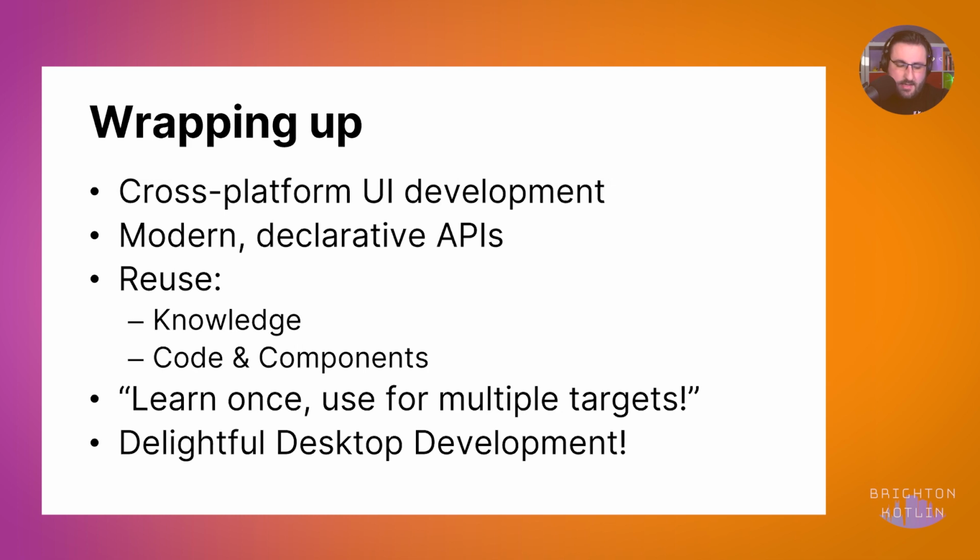And if you compare it to some other cross-platform UI frameworks, you have the benefit of not only being able to reuse your code or your components, you get to reuse any knowledge you might have from Android development, or vice versa. If you are doing Compose for Desktop first, if you ever want to go mobile, it's going to be a breeze. So it's really a learn once, use for multiple targets type situation.